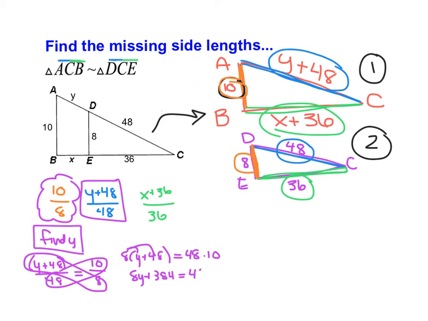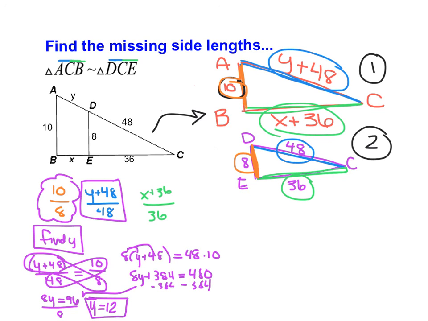That's equal to 480. I then need to subtract 384 from each side. So I end up with 8y is equal to 96. Divide both sides by 8, and I find that y is equal to 12.